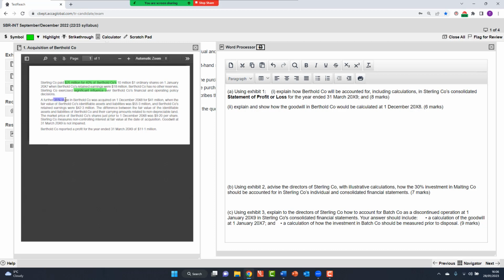We've then got a further 35% being bought. So this is the step acquisition. And this is details of the change that will occur during the accounting period. We've got the fair value of the net assets to be 55.3 at that time.